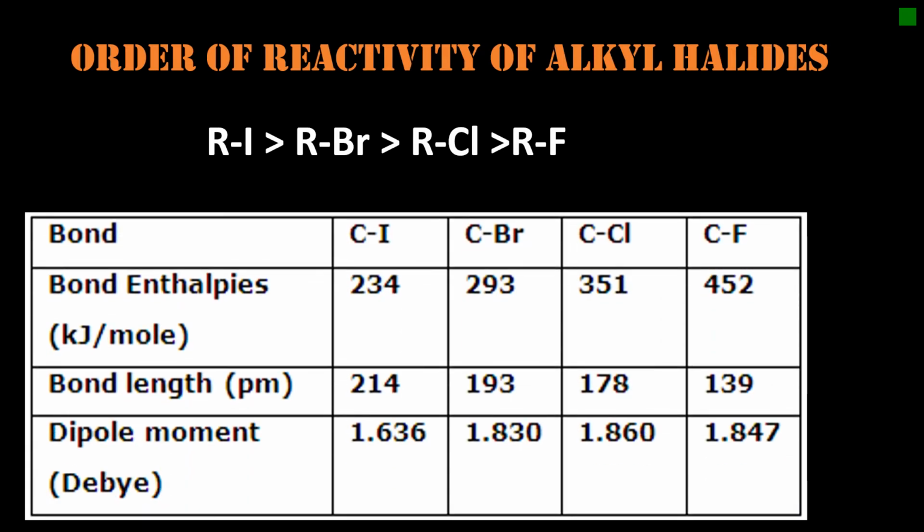As this table shows, the order of reactivity depends on the strength of the carbon-X bond. The carbon-X bond is the weakest in C-I and the strongest in C-F. In fact, the C-F bond is so strong that organic fluorides do not undergo nucleophilic substitution under ordinary conditions.